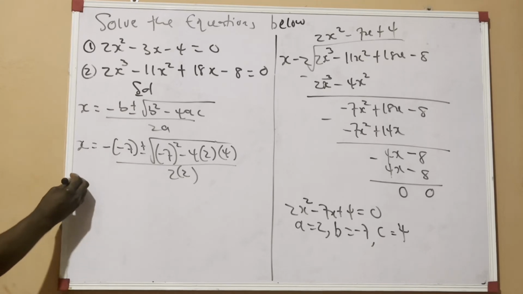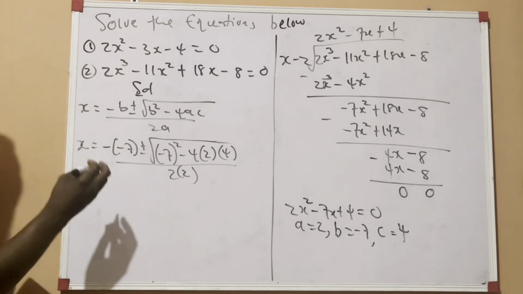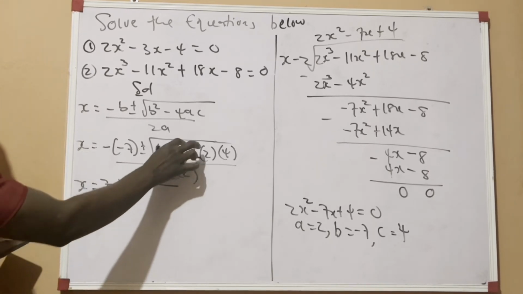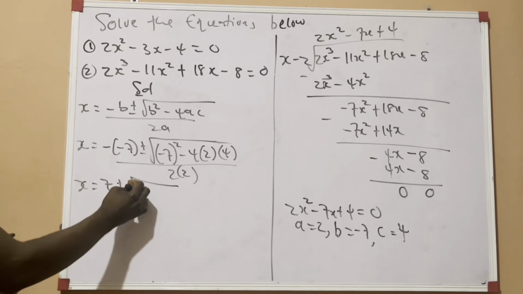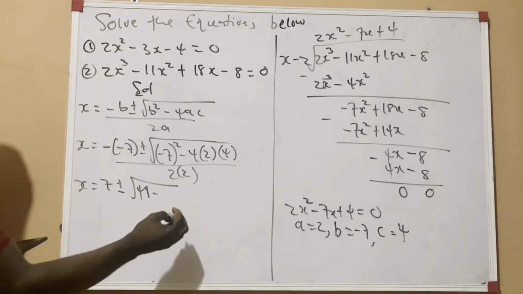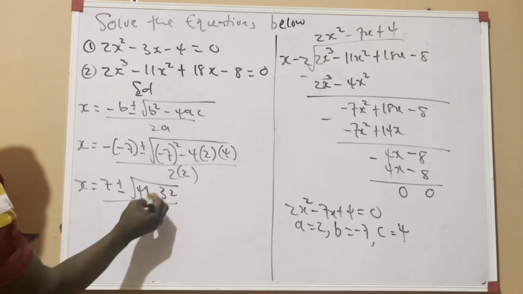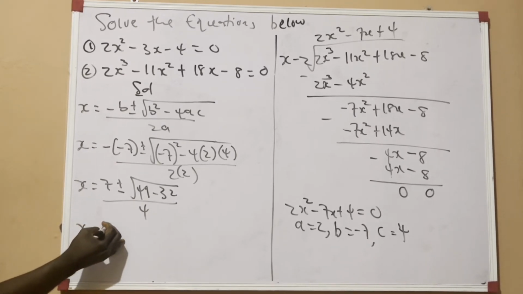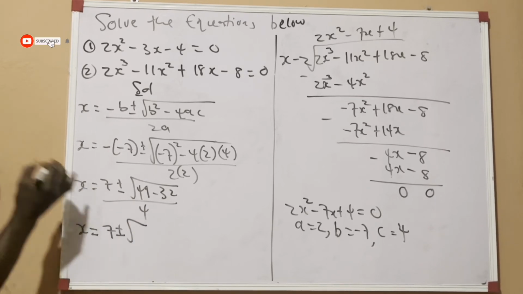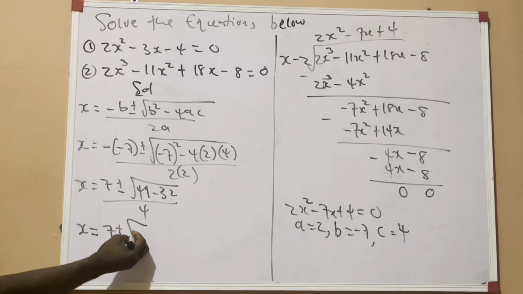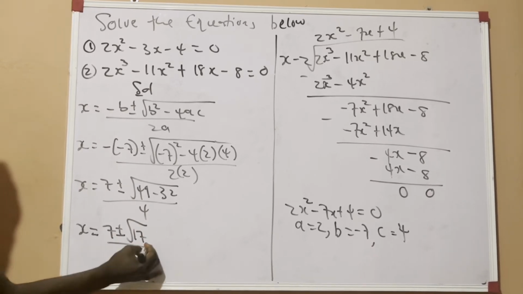Alright, so x is equal to minus times minus gives us plus, so we have a positive 7 plus or minus the square root of minus 7 raised to power 2, which means minus 7 times minus 7, which is a positive 49, minus 4 times 2 is 8, and 8 times 4 again is 32, all over 4. Right, so x is equal to 7 plus or minus the square root of 49 minus 32. Okay, 49 minus 32 gives us 17, all over 4.